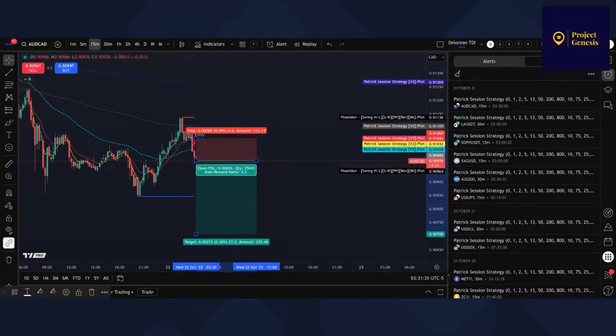Okay, entry price at 909.8. Stop loss at 9106. 8 pips. Take profit at 907.08. 27 pips.